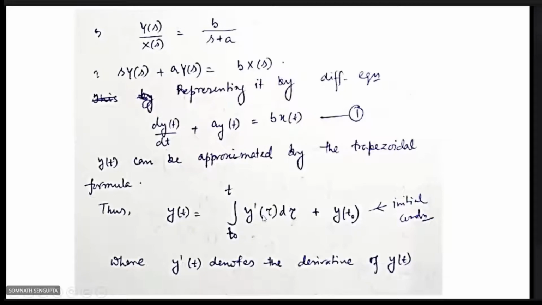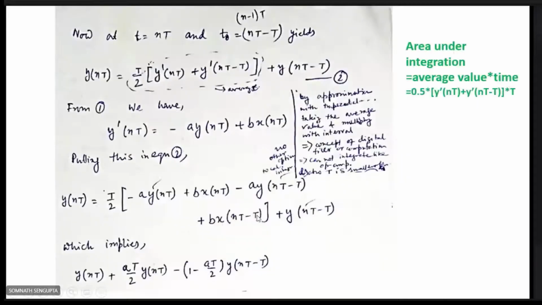In analog domain you can use an op-amp, but since you have to use a digital computer, and the computer cannot perform continuous integration, it has to use some special technique like the trapezoidal method.